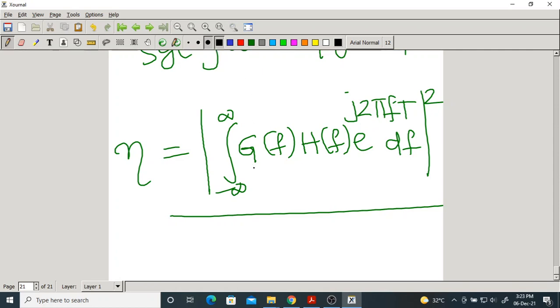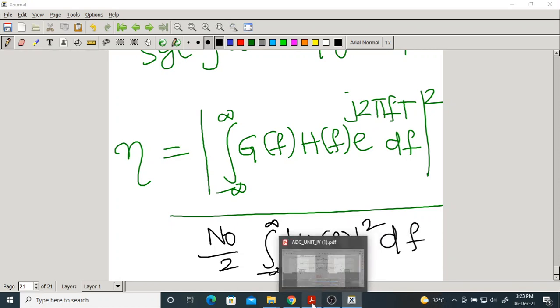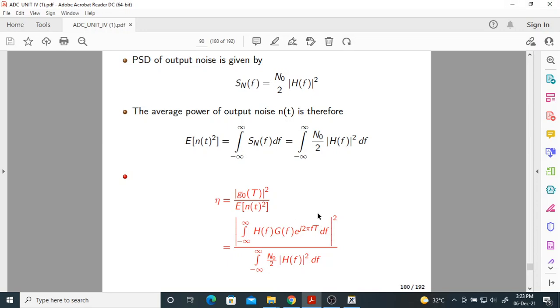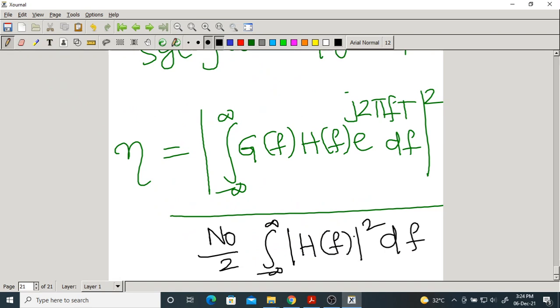What is noise power? N naught by 2 integration from minus to plus infinity of mod H of f whole square df. This is what we had. Now we are stuck at the SNR, but our aim is to maximize SNR. For that we have to find out what should be the impulse response of the filter.